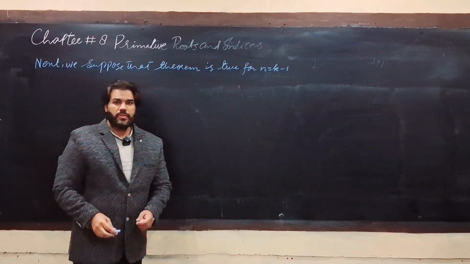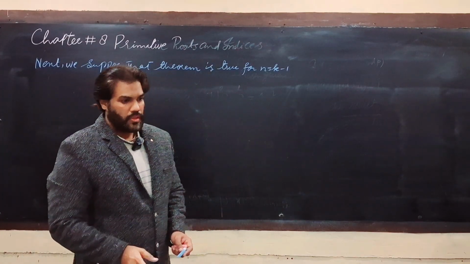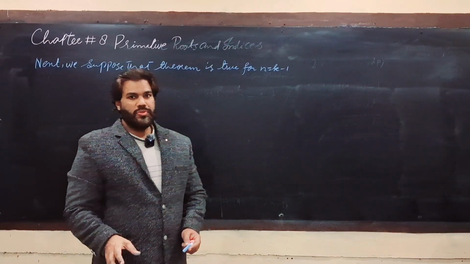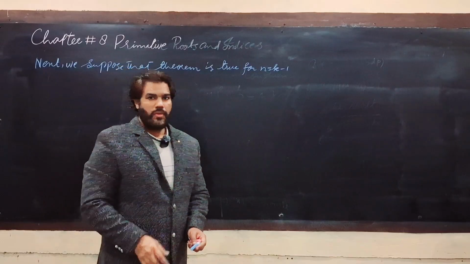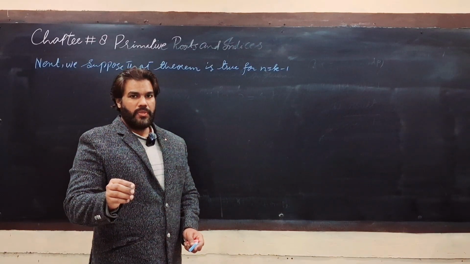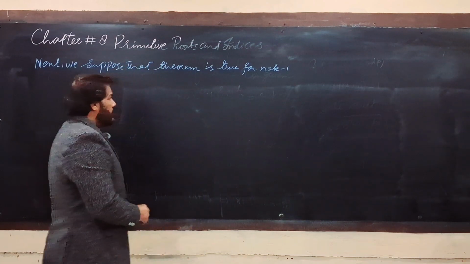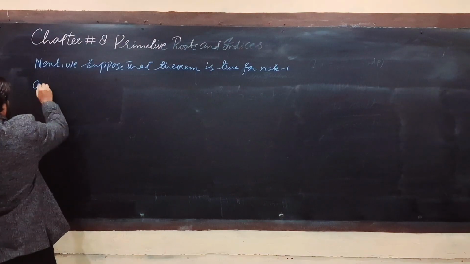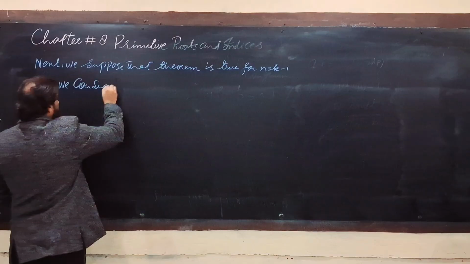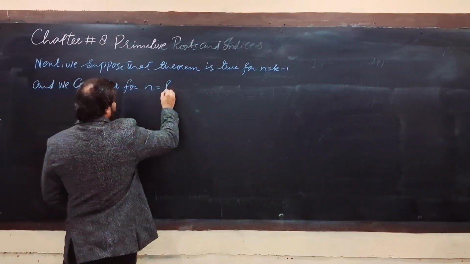N equal to k minus 1 means we are going to assume that any polynomial whose degree is k minus 1 will always have at most k minus 1 incongruent solutions. And we consider the theorem for n equal to k.